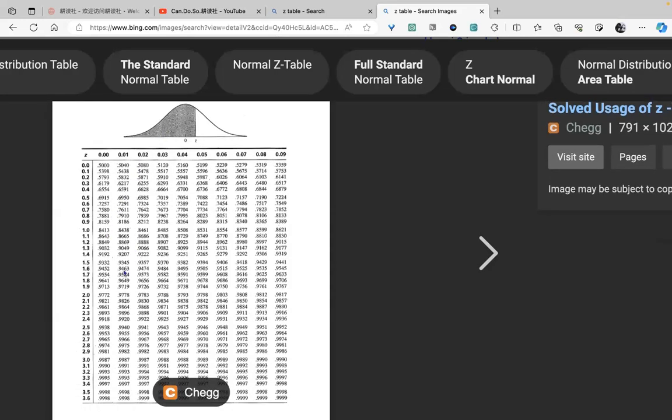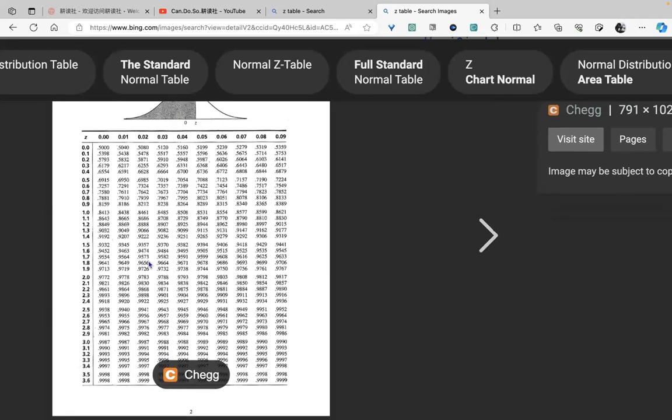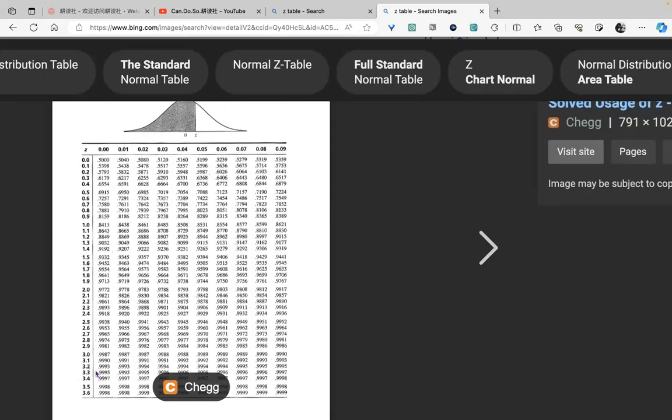And if we go to 0, which means the standard deviation is 0, because we know that it's symmetrical, this part should be 50%. How about less than 0? For example, if it's minus 3, we can go to positive 3 here.